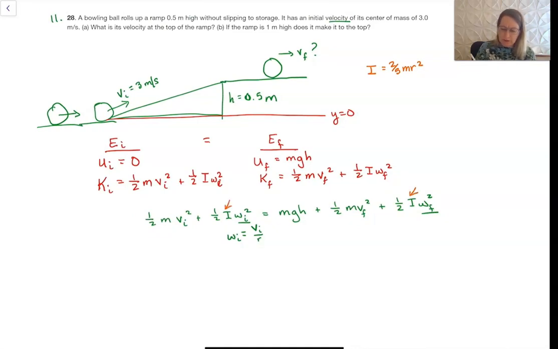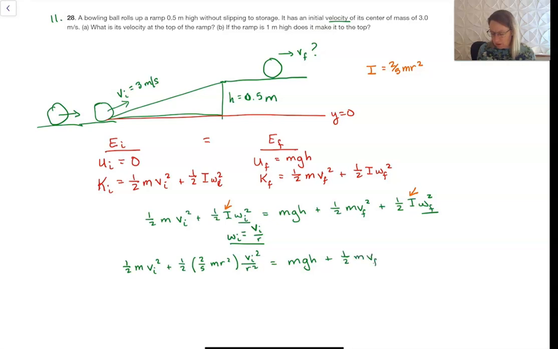So I'm going to rewrite this to say I've got 1/2 m v initial squared plus 1/2 times 2/5 m r squared times v initial squared over r squared, because I've substituted in my omega, is equal to mgh plus 1/2 m v final squared plus 1/2 times 2/5 m r squared times v final squared over r squared.